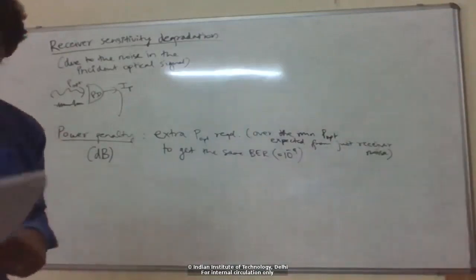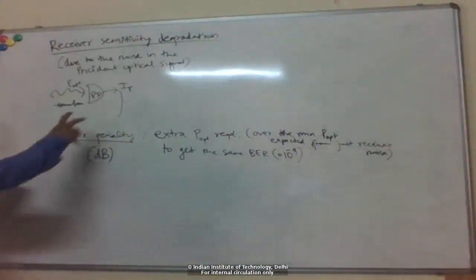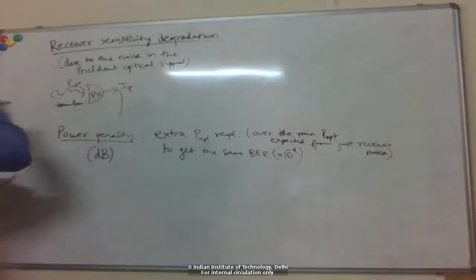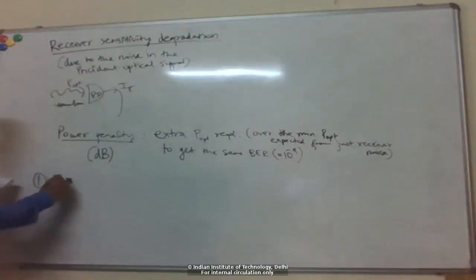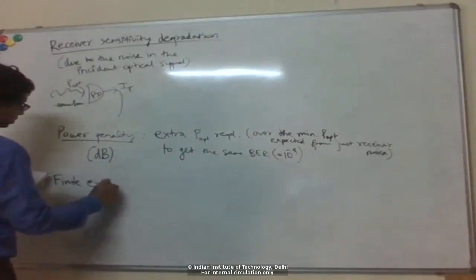Okay, so we'll look at some typical sources which give us this power penalty. For example, first is a finite extinction ratio between bit 0 and 1.